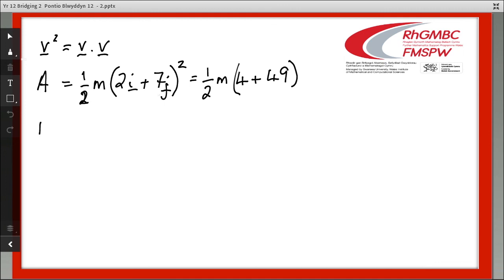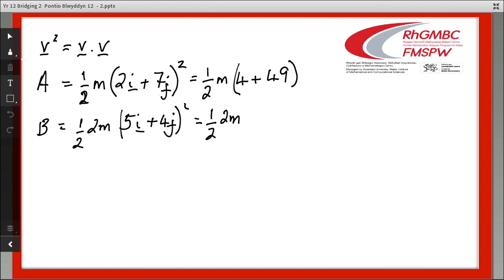B then is a half 2m, and that's going to be 5i plus 4j squared. Now I'm going to write that as a half 2m. There is a method in my madness, and you will see exactly why in a moment. And that's going to be 25 plus 16.